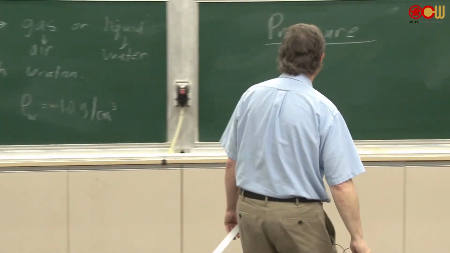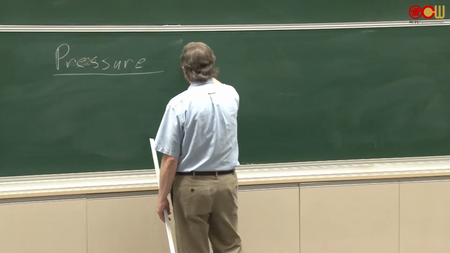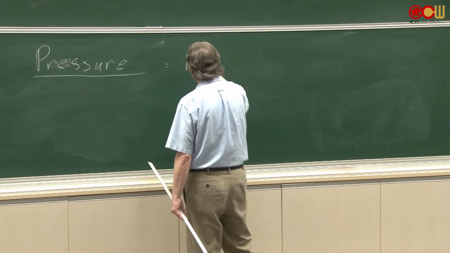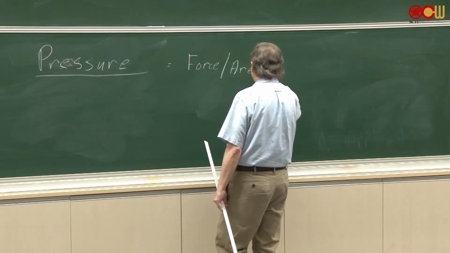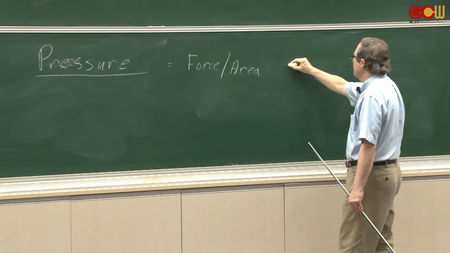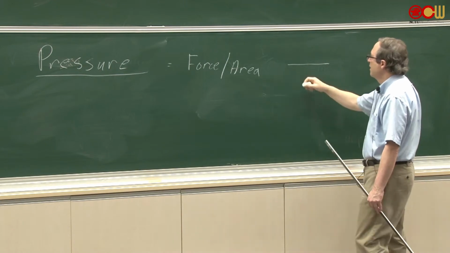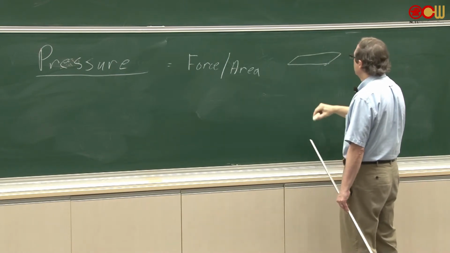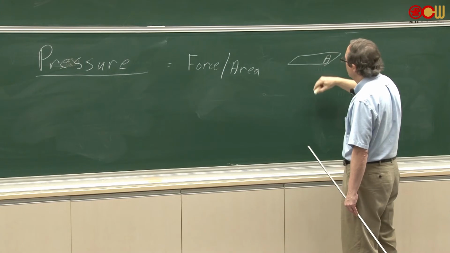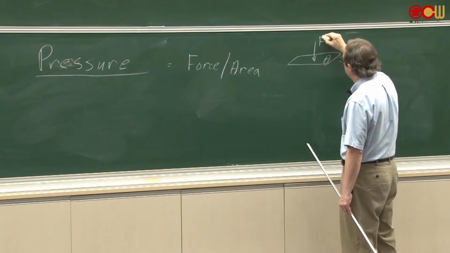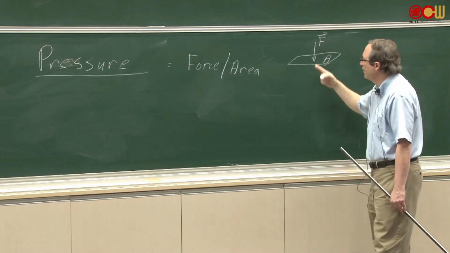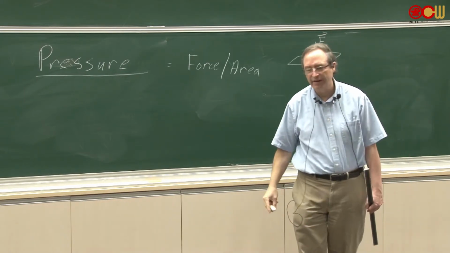And remember, the pressure is equal to the force per unit area. So you imagine some little area here. This has area A. And then if there's a force on it, the force per unit area tells you the pressure right there.